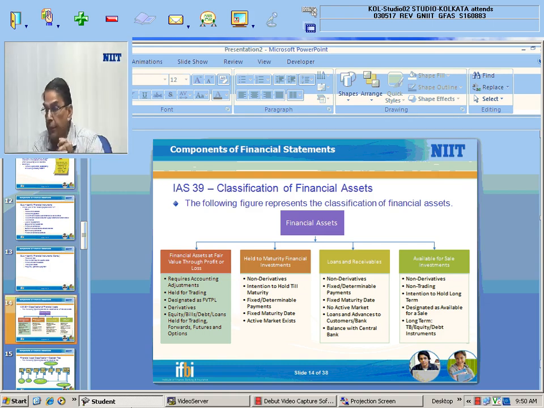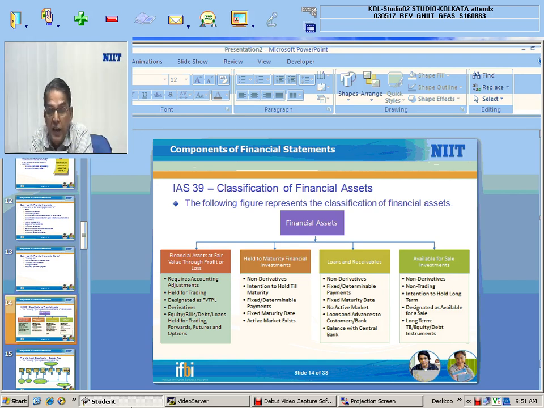Okay? Now under IAS 39, there are four classifications of financial assets. An entity is required to classify its financial assets into one of these four categories.